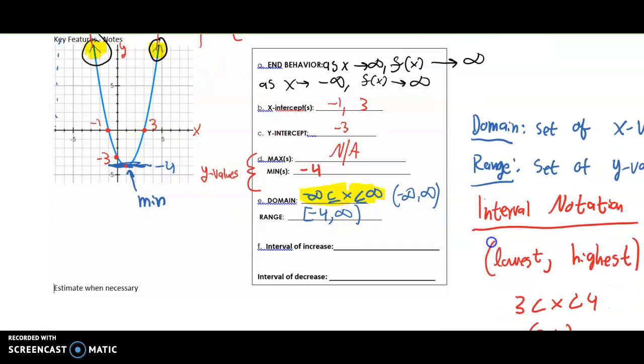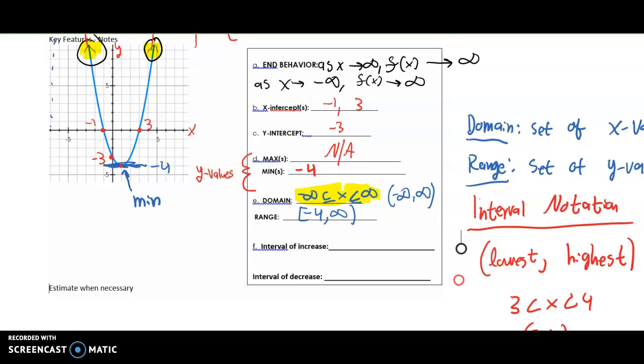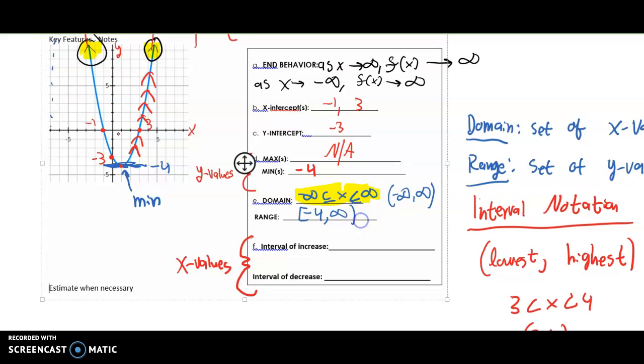Lastly, we have interval of increase and decrease. So let's see. This graph appears to be increasing on the right-hand side. Now, when we list interval of increase and decrease, we're going to use x values to describe these. So the first x value where it's increasing is positive 1.